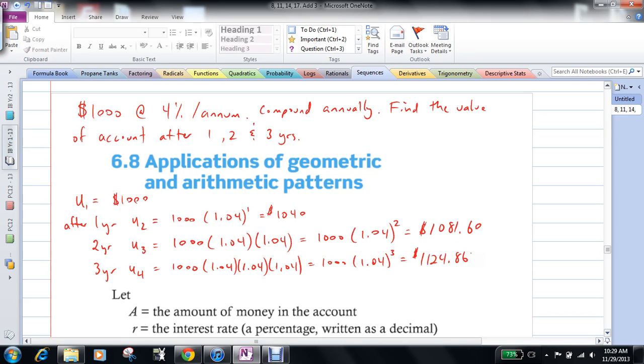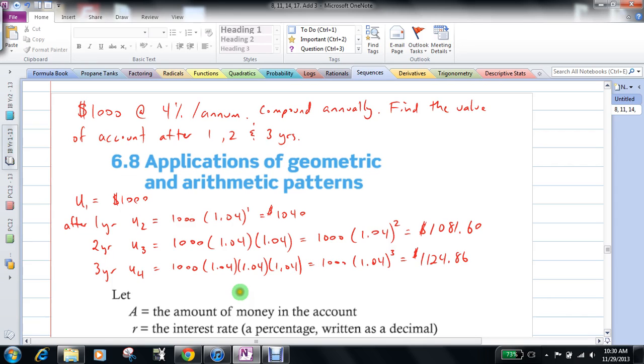$1,124.86. Now, it's my hope that you can see how this is resembling a geometric sequence. The common ratio is 1.04. I'm multiplying it by 1.04 each time to get to the next year.